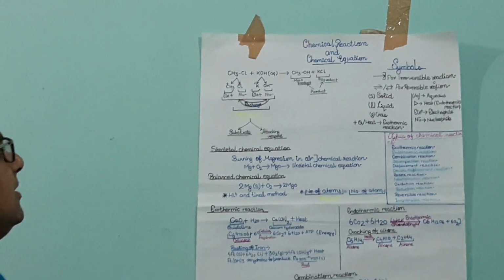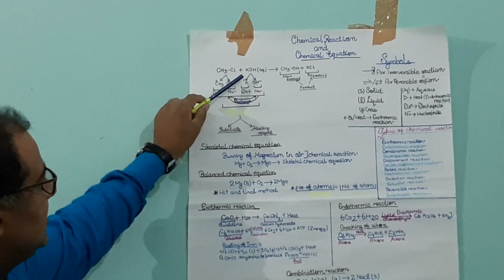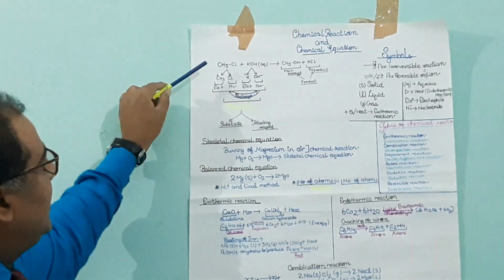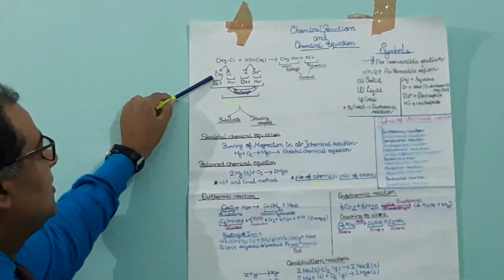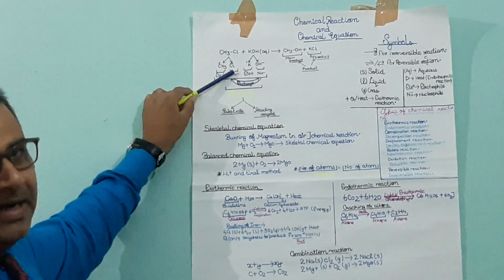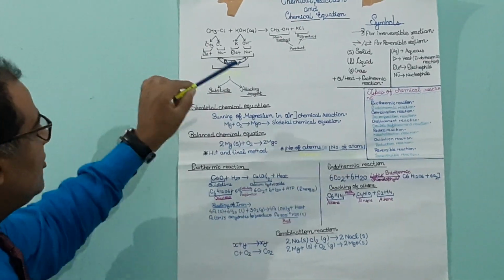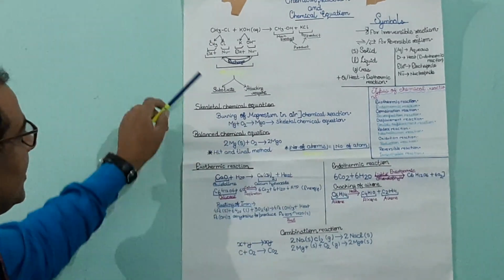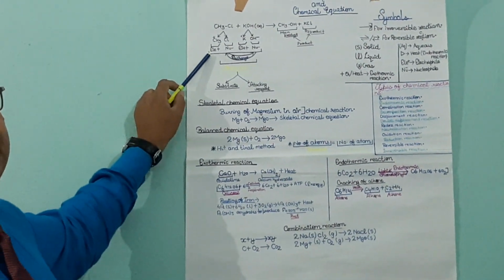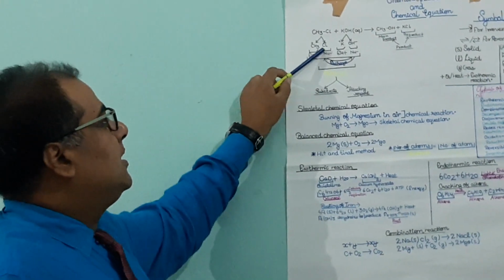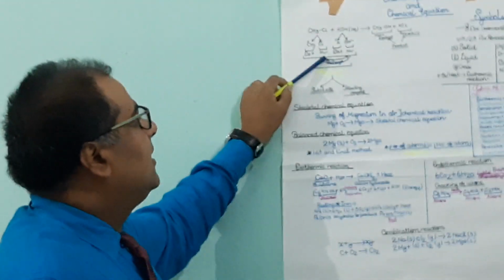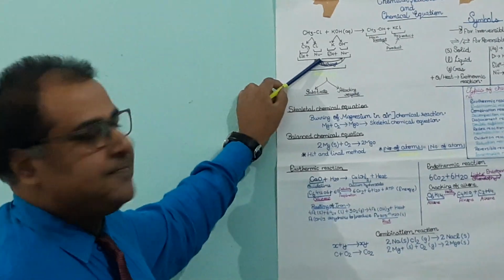Then after dissolution, this breaks into potassium ions and hydroxide ions. And methyl chloride also breaks into CH3 plus and Cl minus. The positive part of the reactants is commonly called the electrophile, represented as ELE plus, and the negative part is called the nucleophile, that is, it carries a negative charge.